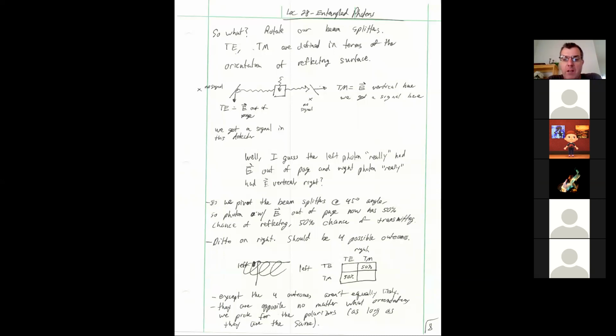We're making this statement about what it really is. We're trying to hope for some sort of objective reality. And this one was really out of the page. Well, what is a photon that's horizontal going to do when it hits a 45-degree beam splitter? When it hits something whose selection axis is 45 degrees with respect to that.